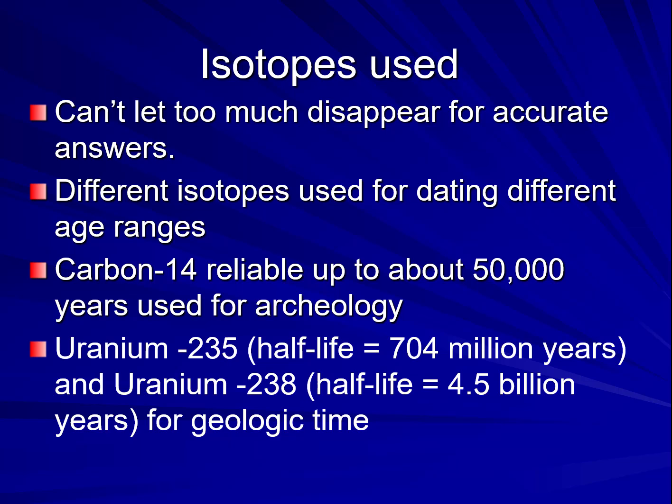That's older than the Earth. And uranium-238 has a half-life that's actually about the same as the age of the Earth. So right now we have about half of the original uranium-238 that was here when the Earth was formed.